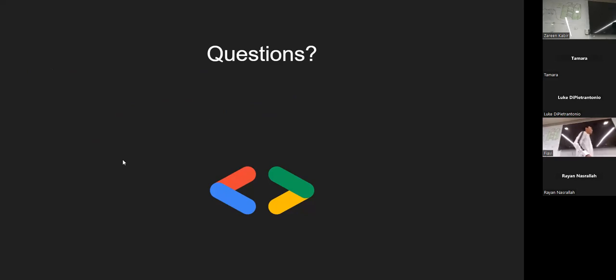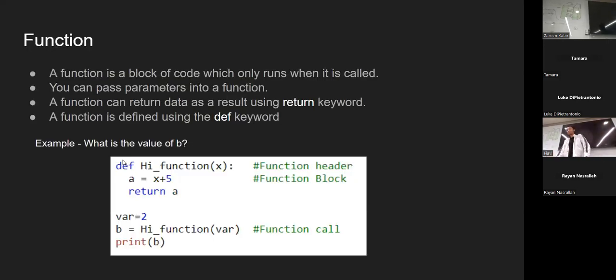What's the difference between the argument and the parameter? If you go back to the previous slide, they are pretty similar terms and can be used interchangeably in some programming languages. For Python, the argument is the value you declare in the function call, so it's the var in this case, and the parameter is inside the function header, so it's the x.